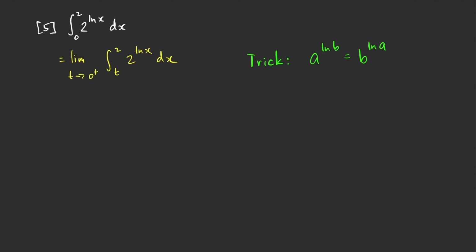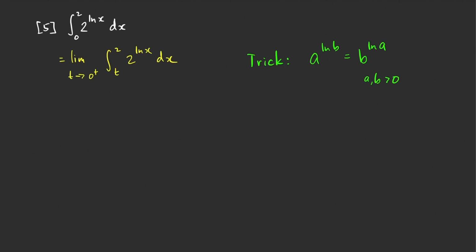And it's very easy to verify this identity. If you take ln of both sides, you get ln a times ln b is equal to ln a times ln b.